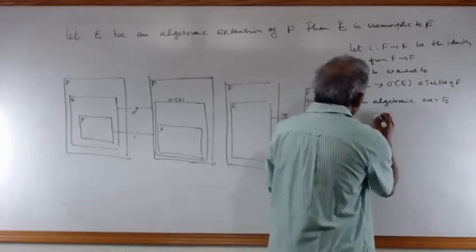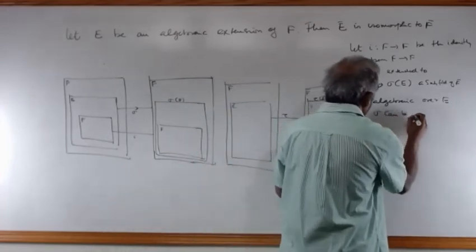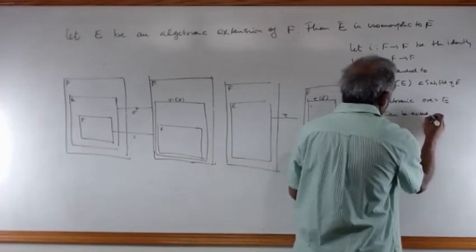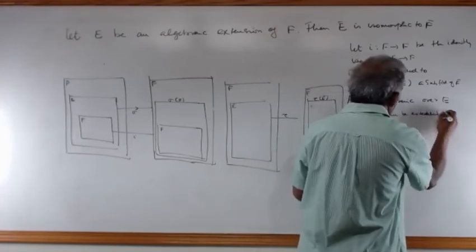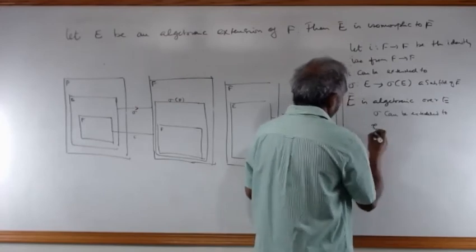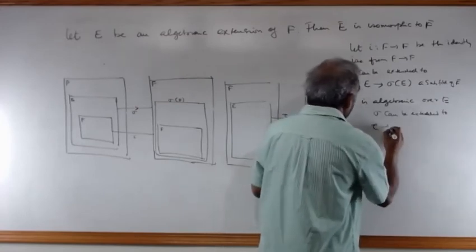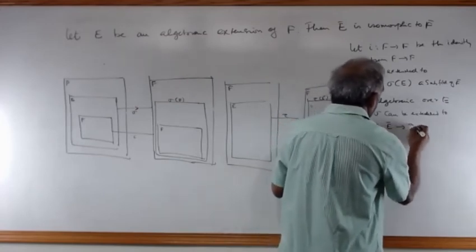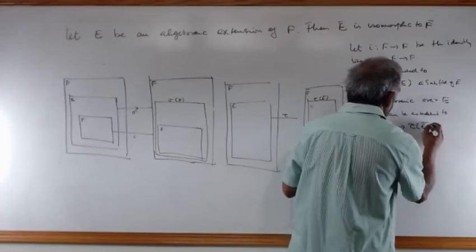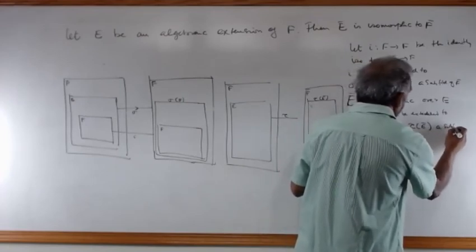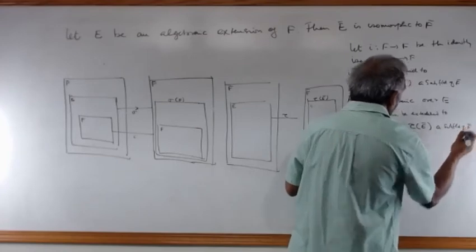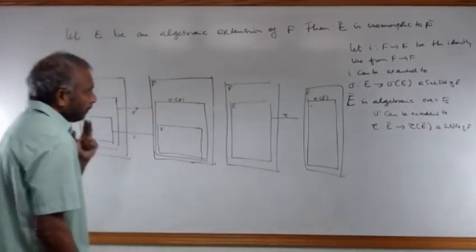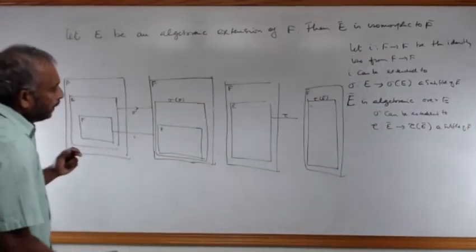So sigma can be extended to a tau from E closure to tau of E closure, a subfield of F closure.